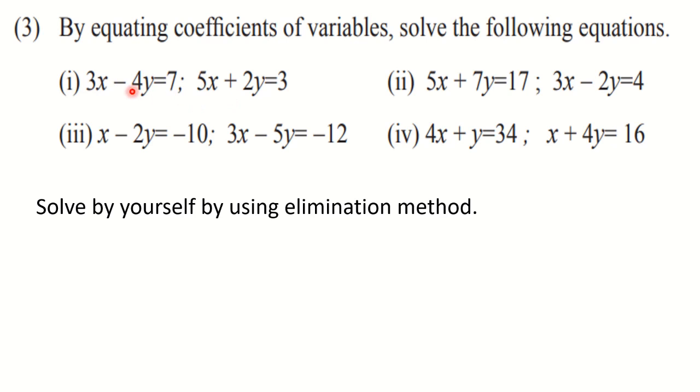Now see here what you observe, the coefficients are not same. See. So you have to make any one coefficient same. So here equation 2, if you multiply by 2, here you will get 4y. Then minus 4y and plus 4y. If you add, y will be cancelled. You will get value of x. And then by substituting in any one equation, you will get value of y also.